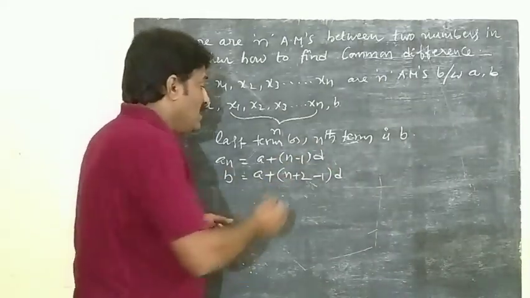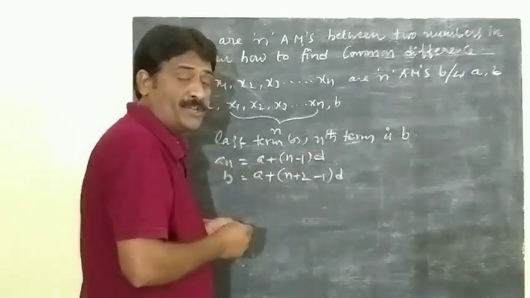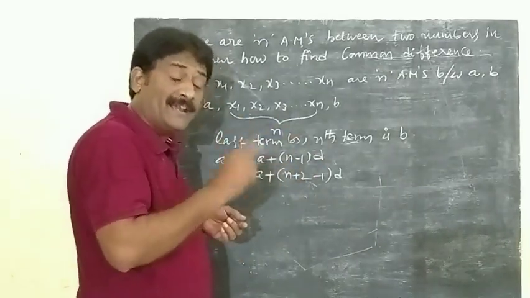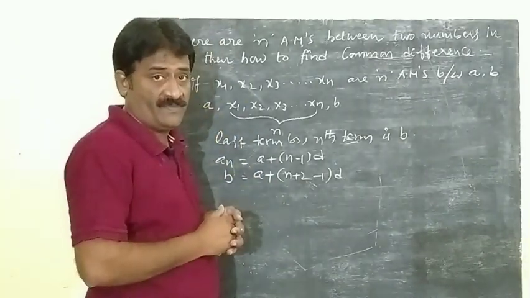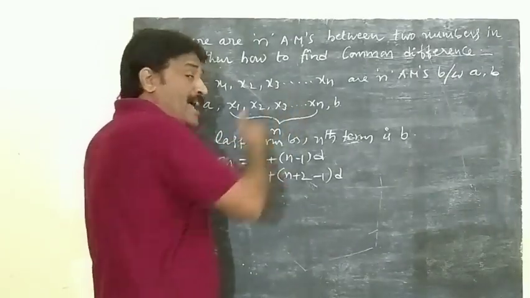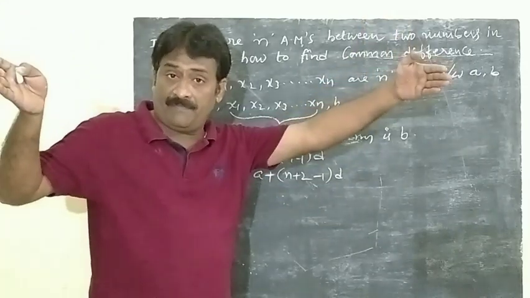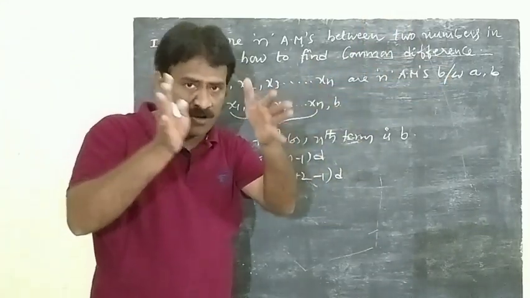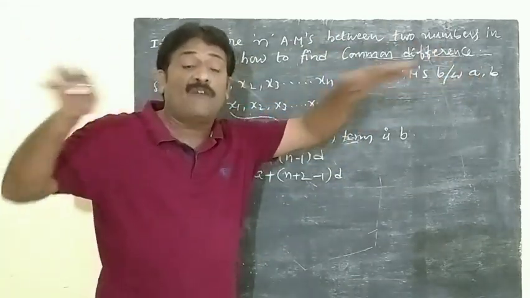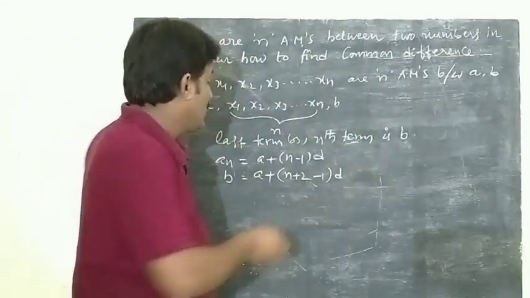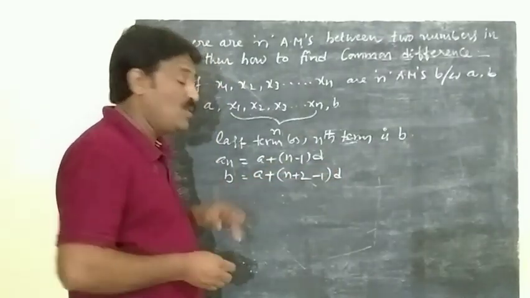Understood or not? Here an is equal to a plus n minus 1 into d, where n indicates the number of terms of the arithmetic progression. But as per our data, there are n AMs between A and B, n terms, and the first term and last term. Total number of terms is n plus 2. That's why write B is equal to a plus n plus 2 minus 1 into d.